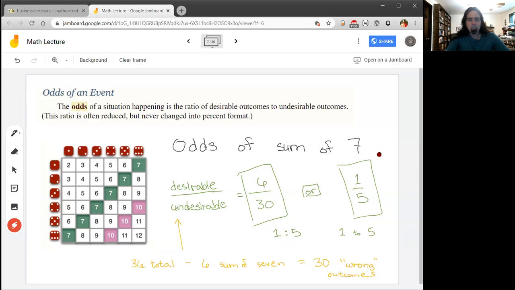Whether we reduce it is sort of a context thing. We lose the real life information. So it might be simpler to think 1 to 5. We will get a 7 once for every 5 times we don't get a 7. But if you were, whatever, betting on horses, you might want to know actually how many races the horse has run.